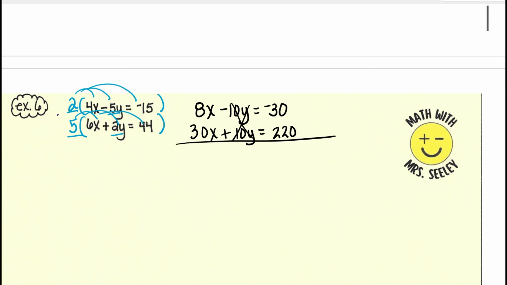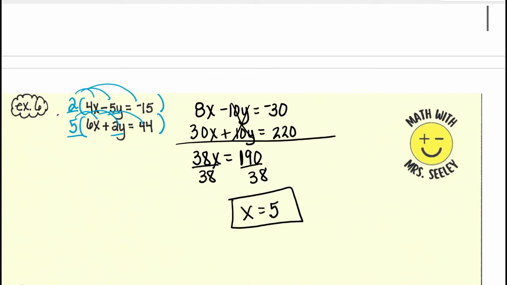The y's are out of there, and so at face value, that's a positive 8 and a positive 30, which is 38. Here at face value, that's a negative 30 and a positive 220, which is 190. Divide by 38 to each side. And when I do that, I'm going to get x is equal to 5.